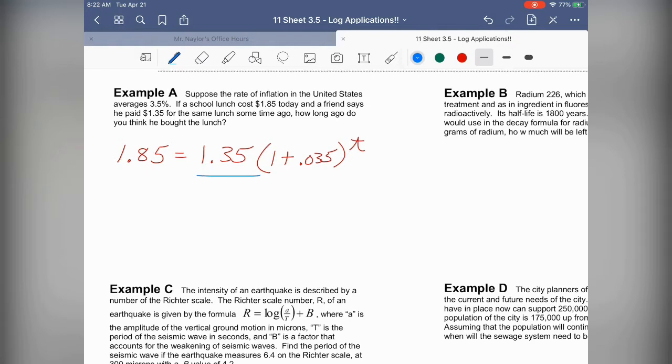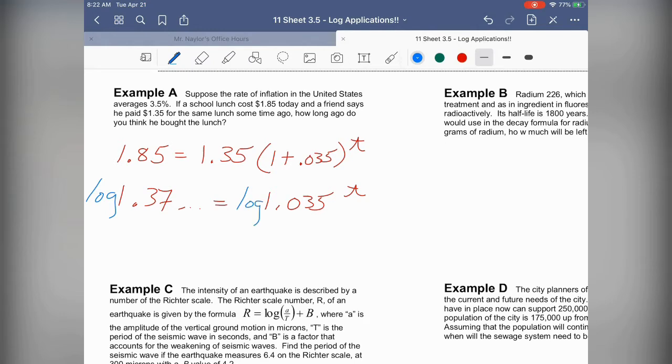I hope that you would divide by 1.35. When you divide, you do get about 1.37. I always tell the students, just leave that number on your calculator, because what's coming up next is you're going to slap both sides with a log. When you do the log of both sides, you already have that number on your calculator.